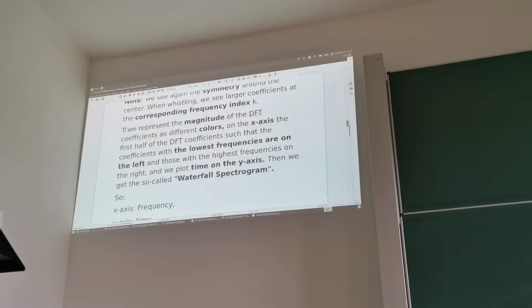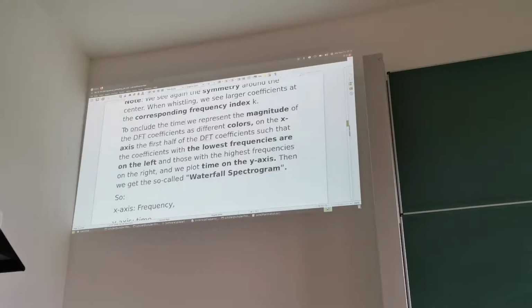To include time, we represent the magnitude as different colors.